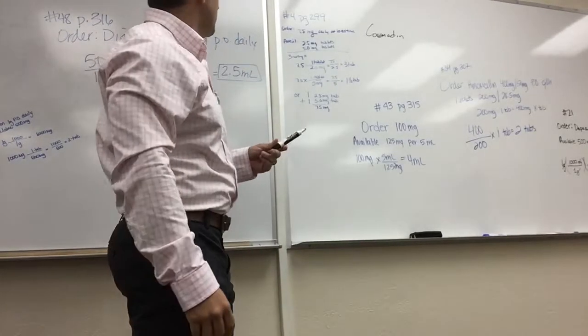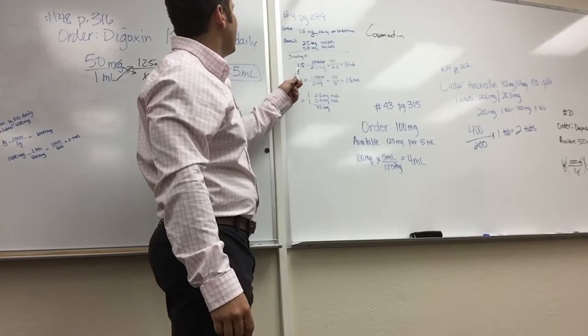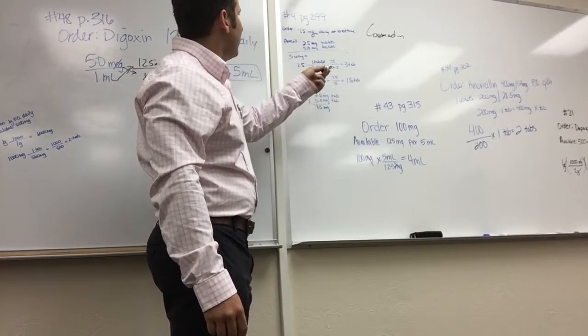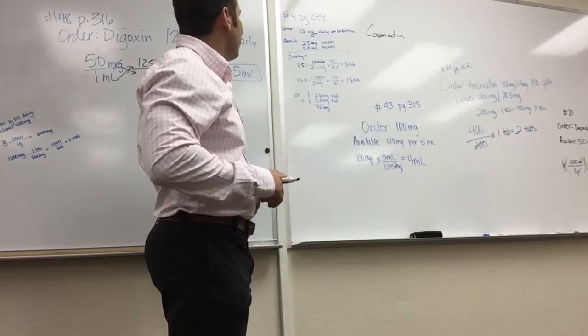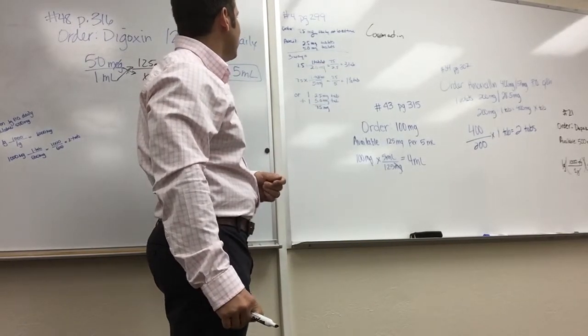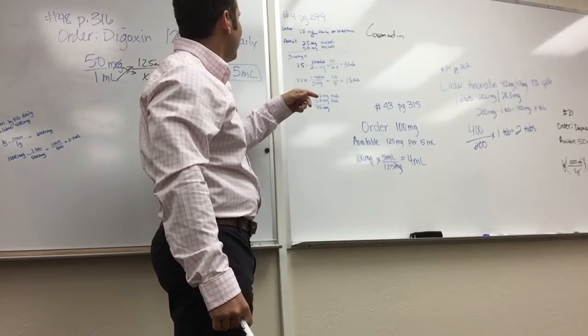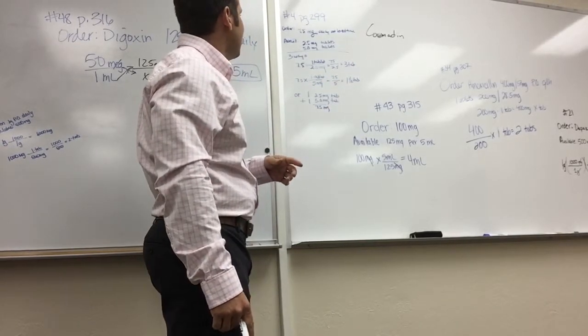So there's 3 ways that we could do this, and they put all 3 ways up there. We have 7.5 times 1 divided by 2.5 to give me 3 tabs for 1 way to do it. That's just using all 2.5 milligram tablets. Then I have 7.5 times 1 divided by 5 to give me 1.5 tabs.